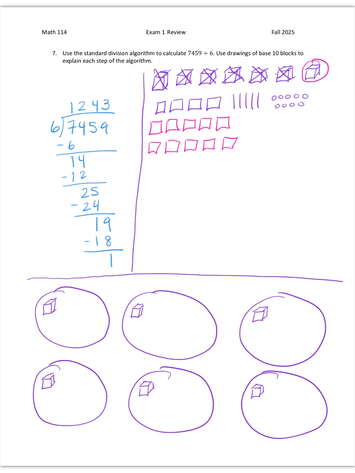Okay, so now we have 14 flats. That's what this 14 is. I have 14 flats. I'm going to give them out among the 6 groups, which means I can put 2 in each group. I have 14.